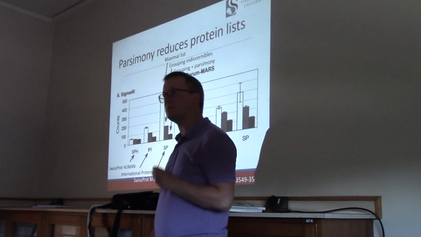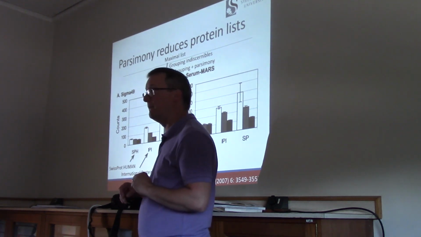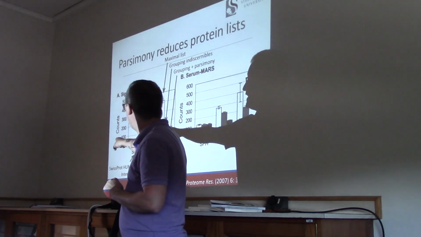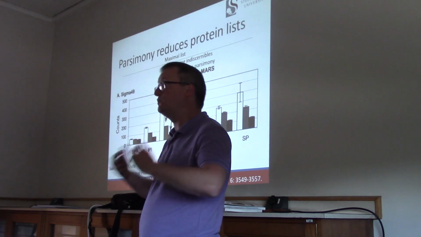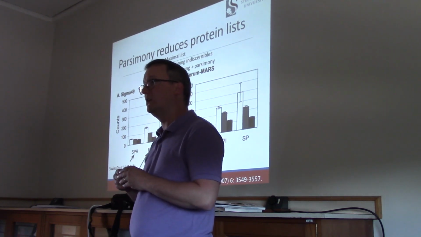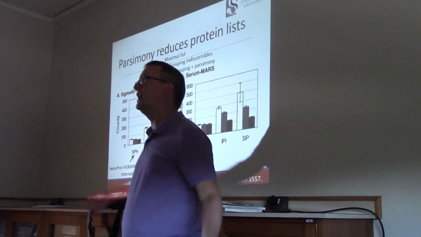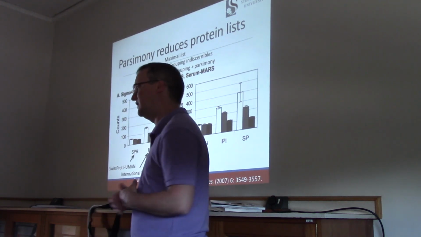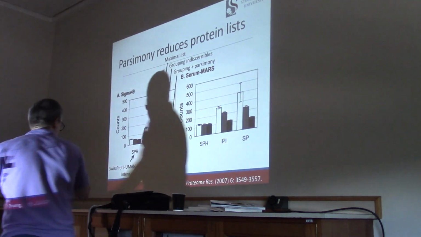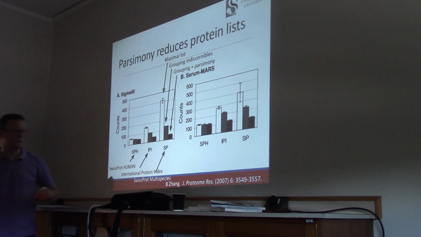Parsimony, using these principles, has a really dramatic effect on how many proteins we claim. In the case at the left, we were using a Sigma protein standard that contained 49 human proteins. We know it contains exactly 49 because they purified each of those and then created this mix of the 49. We used 3 different database sources for this.